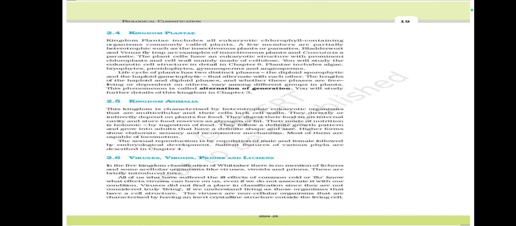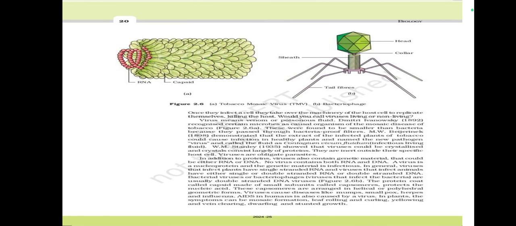If we understand living as those organisms that have a cell structure, the viruses are non-cellular organisms that are characterized by having an inert crystalline structure outside the living cell. Tobacco mosaic virus (TMV), bacteriophage.